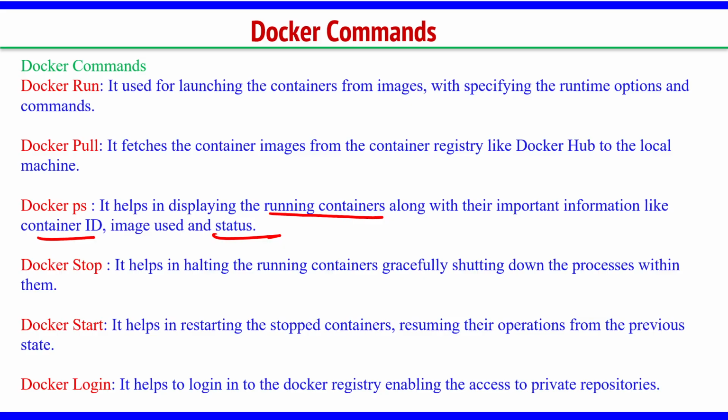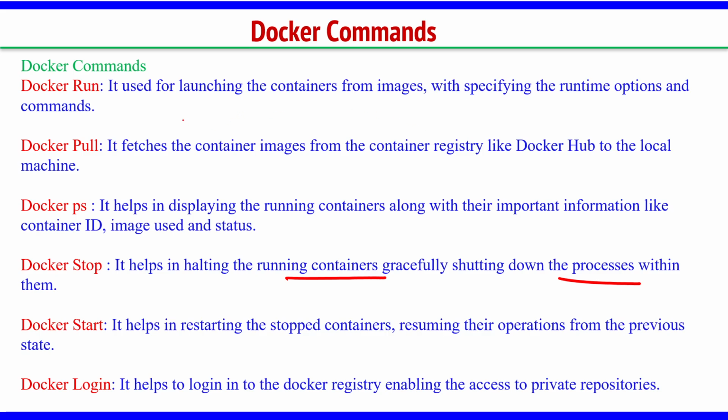Right. And then the next one is docker stop. If you want to stop the running containers, we can use docker stop. So, what it will do? It will stop the containers from running. Okay. So, it helps in halting the running containers gracefully, shutting down the processes within them, right.